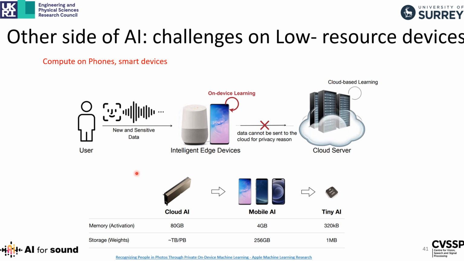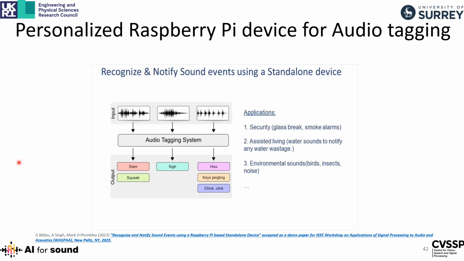This is again a challenge in deploying those well trained, well performing AI models. Just to better understand, we developed a prototype, a personalized edge device which can sense surrounding sound and uses a Raspberry Pi. So let me show you a demo of how it works.